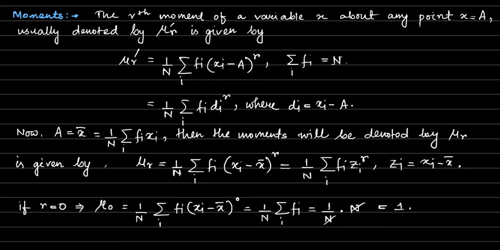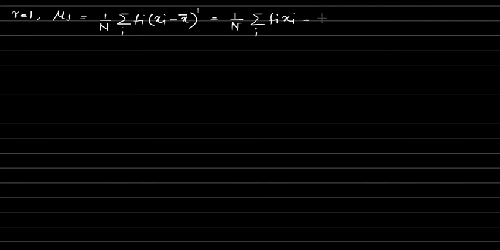So mu 0 is nothing but 1. Similarly, if we put r equal to 1, then mu 1 will be equal to 1 by n summation over i of fi into (xi minus x bar) to the power 1. If we separate the summation, this will be 1 by n summation over i of fi xi minus 1 by n summation over i of fi into x bar.